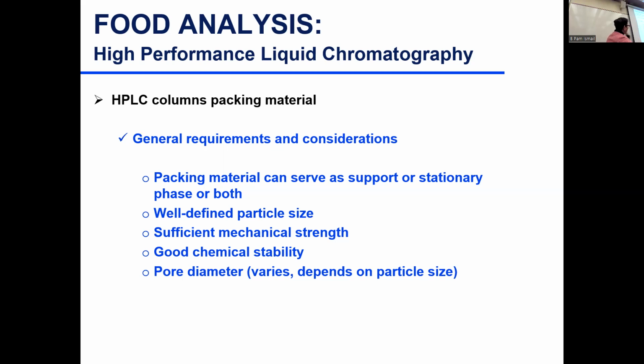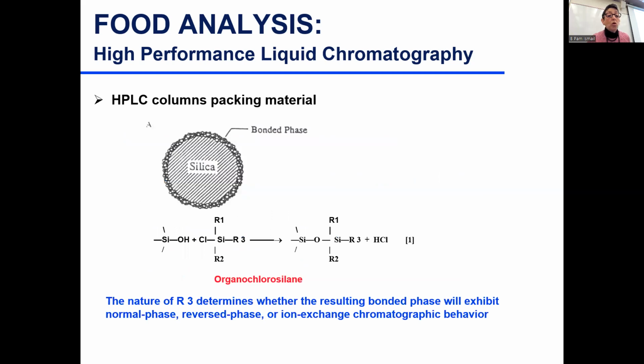Pore diameter: always the smallest pore size possible, unless you have large molecules that you are running through, like large carbohydrates or large proteins, where you go for a bigger pore size to allow these molecules to go through your stationary phase. So we work a lot with bonded phases like reverse phase C4, C18, C30. You have a wide range of that. We talked about bonded: you have your silica that is not interacting with the column, and then you have a chemically bonded phase here that is your main stationary phase.